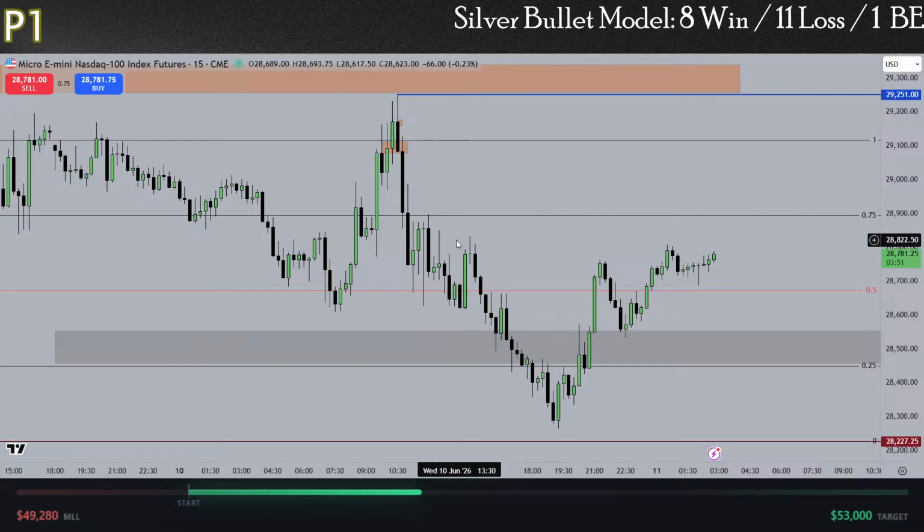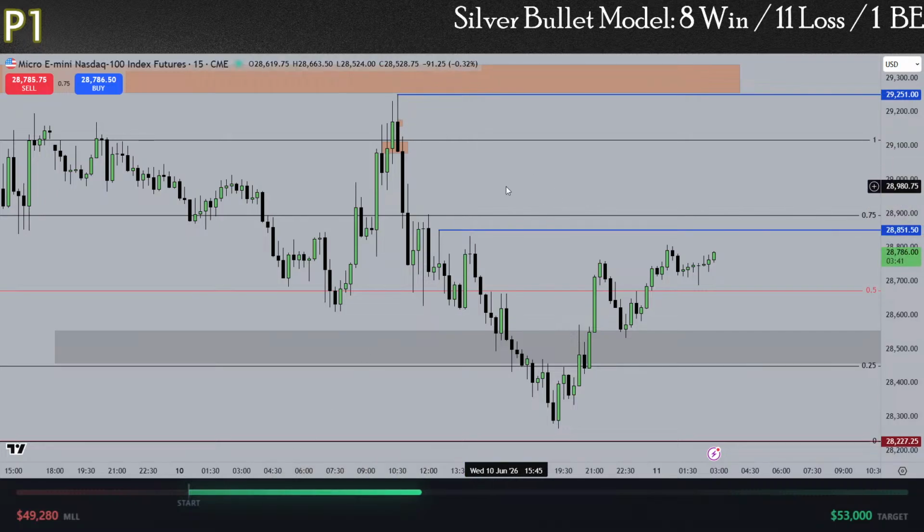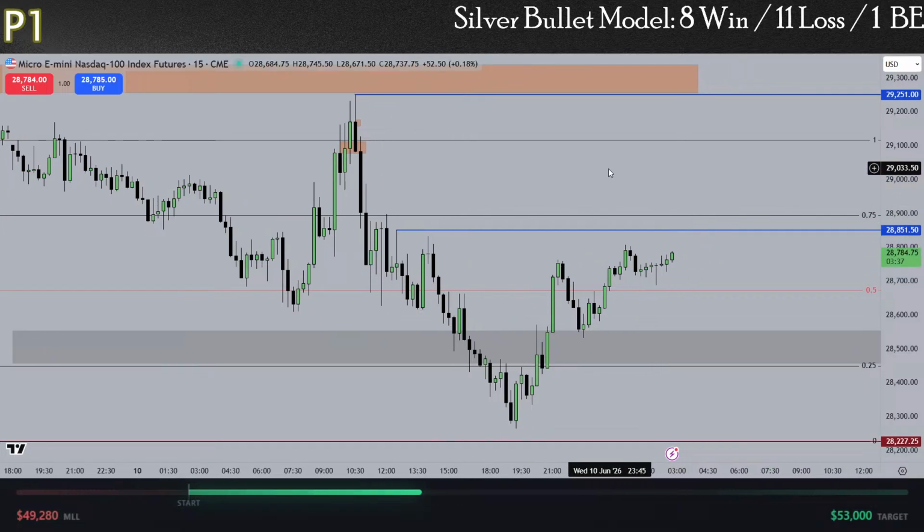That's interesting. On the near-term basis, buy side liquidity here, relative equal highs. But that's a very likely draw for London, I assume. But that's a very near-term draw, nonetheless.